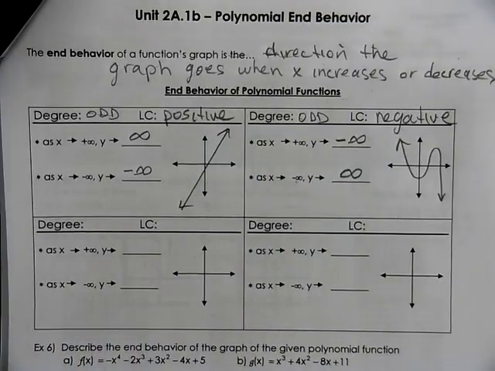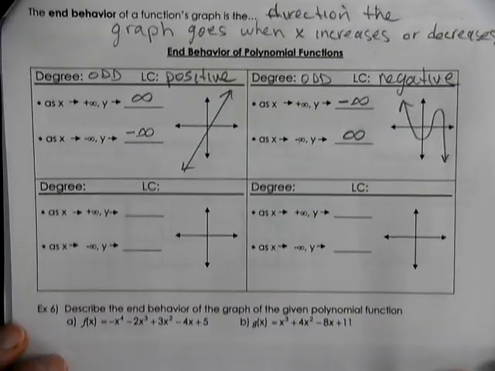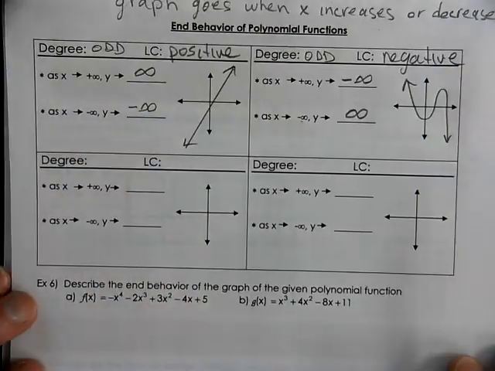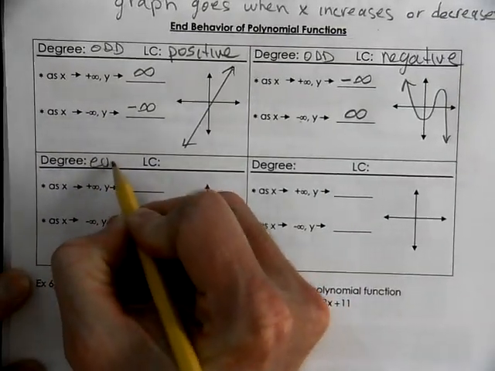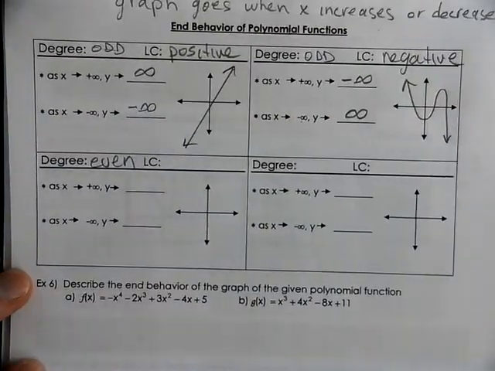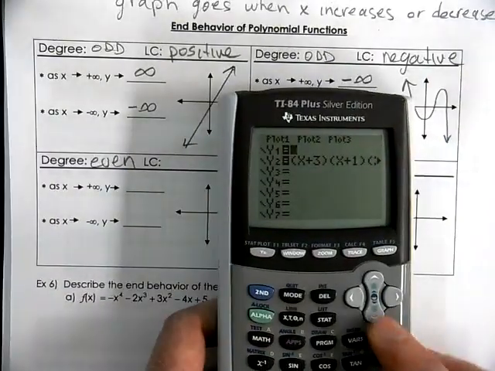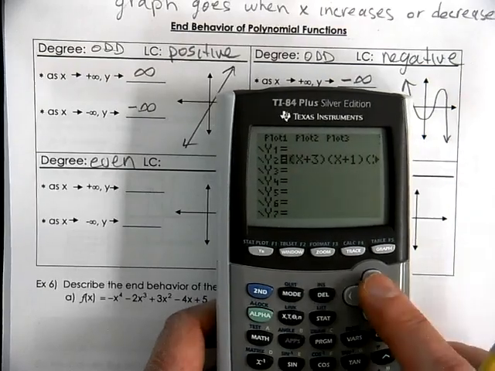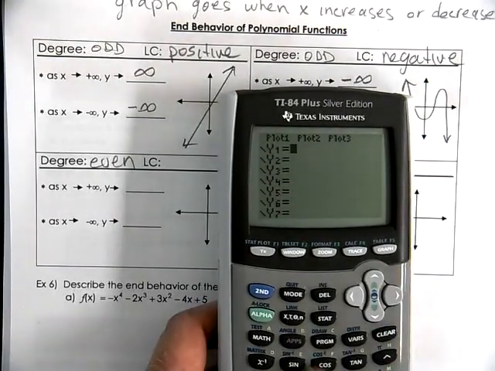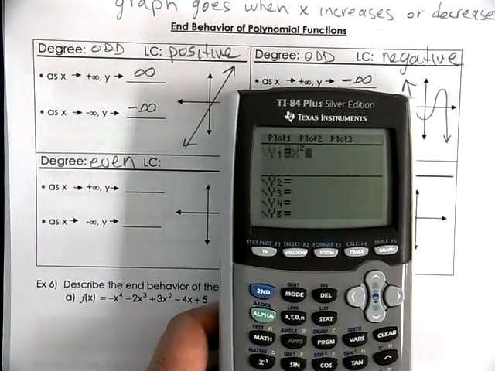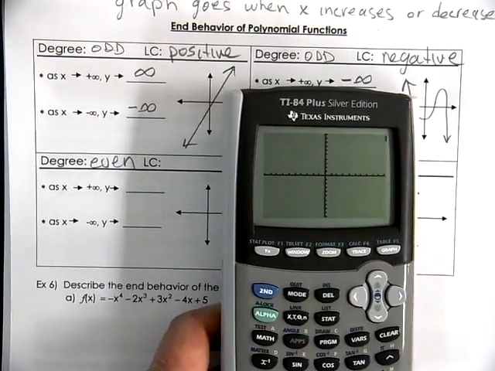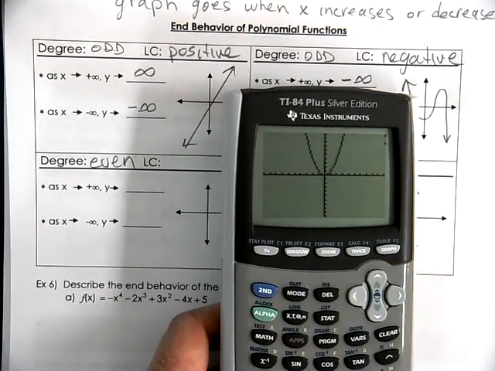So if we're not odd, we could be an even degree. We know that an even degree would be like x squared. That's an even degree. That makes the parabola. We've done those before.